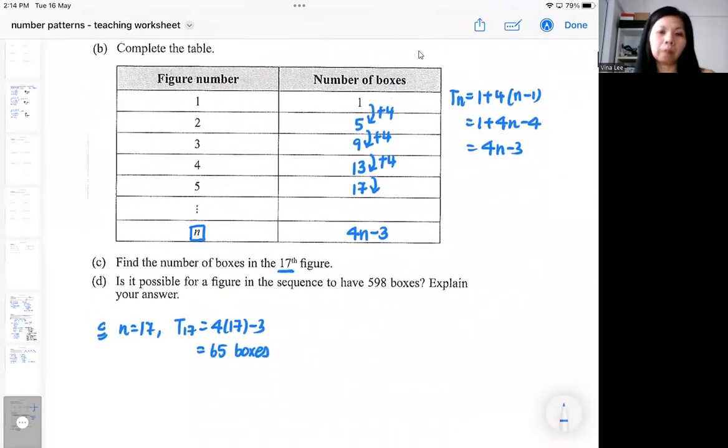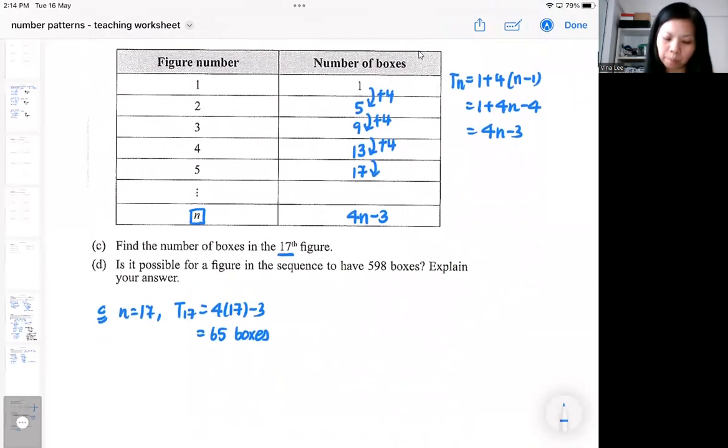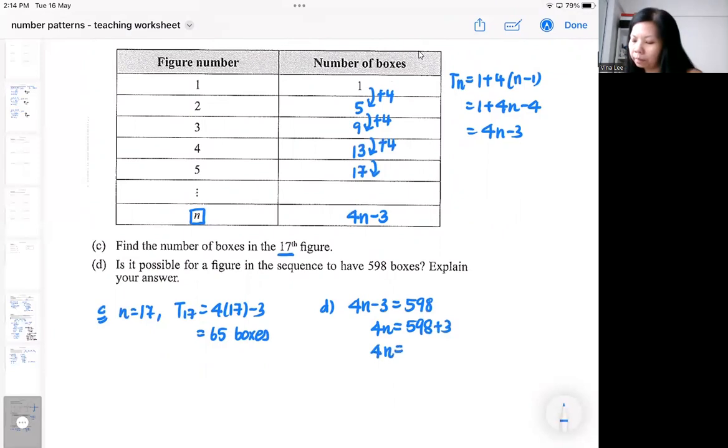Okay, the last part, will you be able to have 598 boxes? So again, you use the formula, equate to 598. If you are not getting a whole number for n, then 598 boxes will not appear. So we try to find out what kind of n we have.